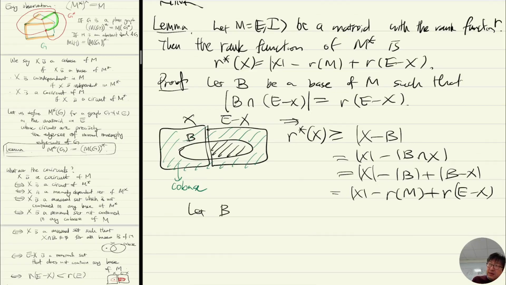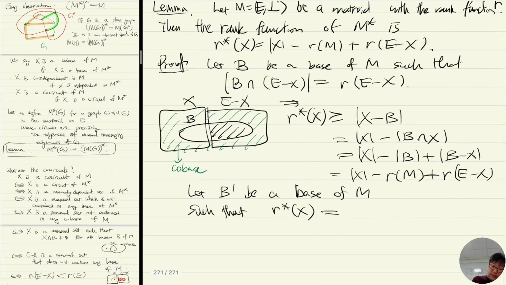Let B prime be a base of M such that there is a base whose complement has the same size as the rank of the dual matroid inside X. So X intersection E minus B prime.